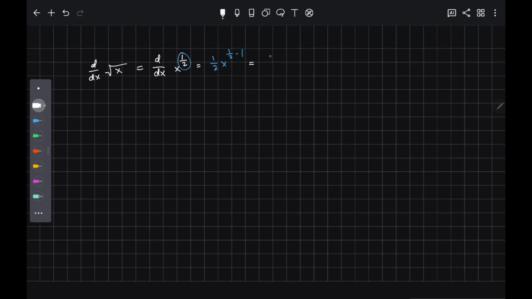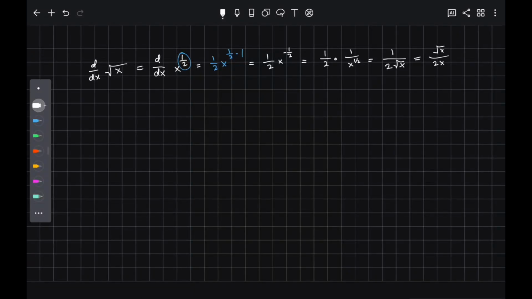So that would be 1/2 x raised to 1/2 minus 1, which is negative 1/2. Therefore, we could write that as 1/2 times 1 over x raised to 1/2. Or we could rewrite that as 1 over 2 square root x. Or we could also rationalize it as square root x over 2x. Therefore, the derivative of square root of x is 1 over 2 square root x, or square root x over 2x.